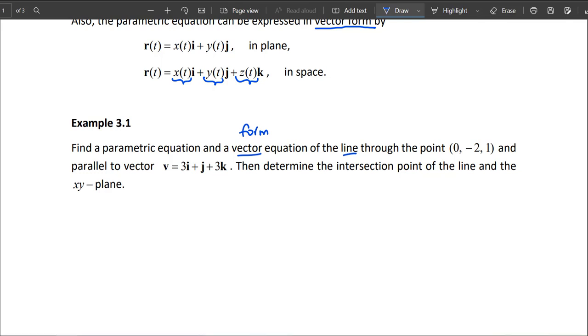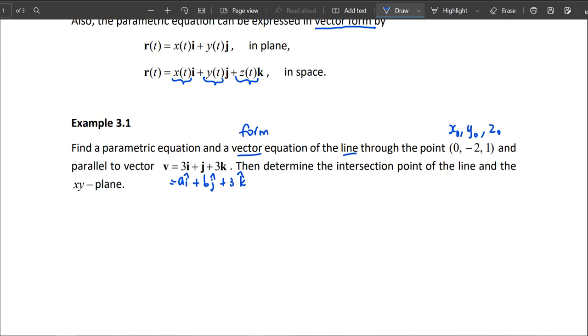So we have two pieces of information here: through the point, so this is x naught, y naught, z naught, and parallel to vector v, 3i plus j plus 3k, so this is ai plus bj plus ck. So we know the values for a, b, and c.